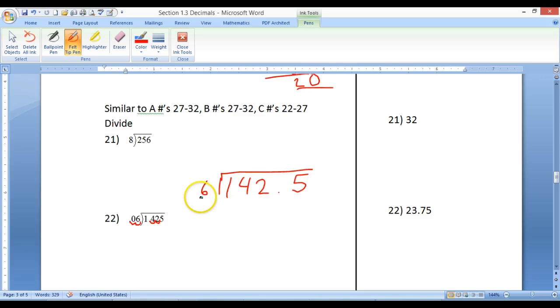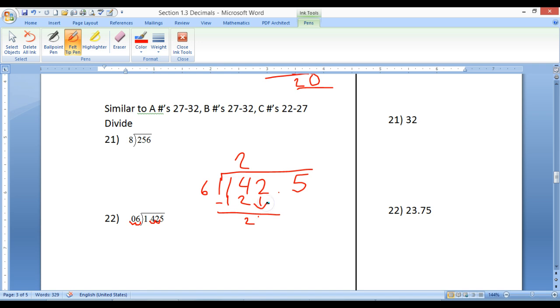And I look at this whole number 6, which we went to a lot of effort to make a whole number. 6 goes into 14 2 times. So I put the 2 over the 4 because that's the last number I worked with. 2 times 6 is 12. Subtract. 14 minus 12 is 2.